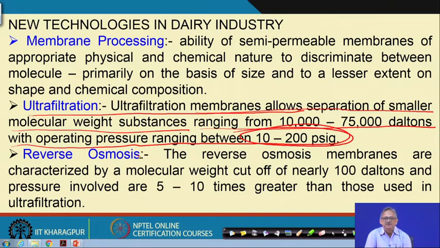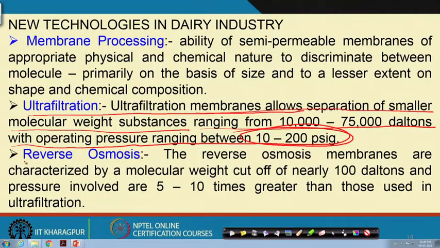This ultrafiltration can be utilized for separating around 10,000 to 75,000 daltons molecular mass, that is the material or impurity which you want to remove, and that ranges between 10,000 to 75,000 dalton molecular size or weight, right.